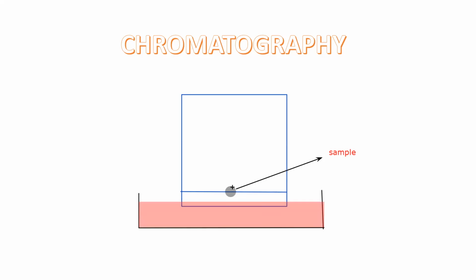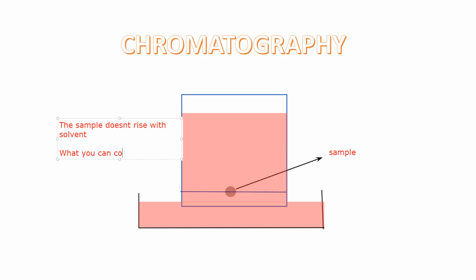So the solvent will rise. The sample does not rise. What can you conclude, or what can you say, if a sample does not rise with a solvent?